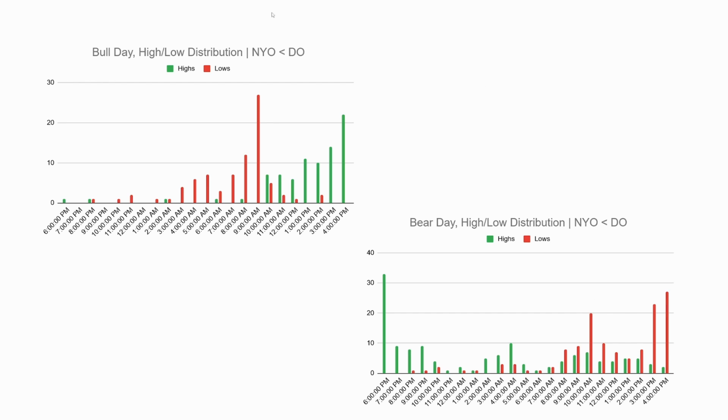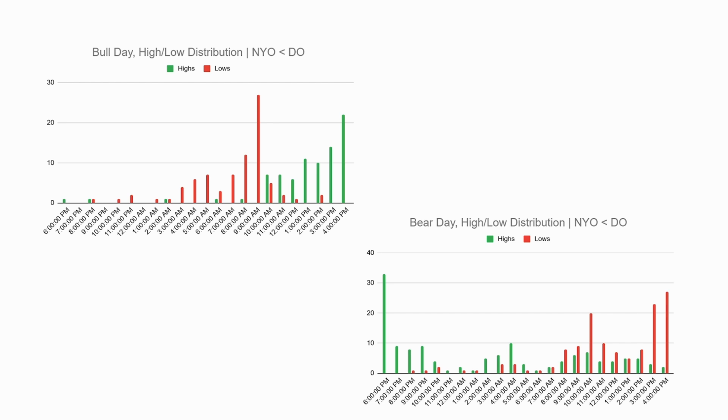Therefore, this kind of New York open below the daily open is a condition that primes itself for a bullish day. And that is, I believe, why we tend to see on days that have bullish precursor conditions better structure for bull days and worse structure for bear days, and conversely, the opposite is also true.